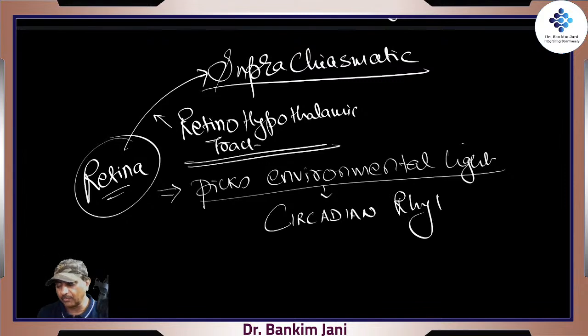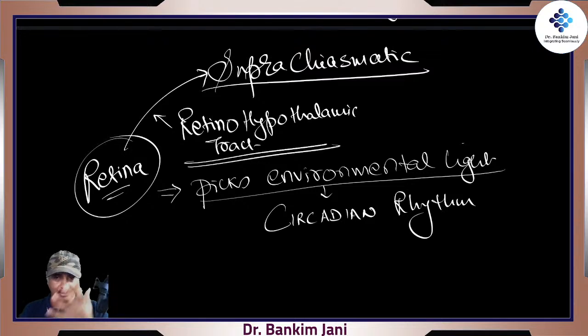Why is this circadian rhythm badly disturbed when at night we keep on watching the cell phone? The reason is the light of the cell phone, all those screens, they are so bright, they are equivalent to sunlight relatively, right? So when you are watching that bright screen from such a short distance, retina will send a message via retino-hypothalamic tract to suprachiasmatic nucleus: carry on, don't tell anyone to go to sleep.